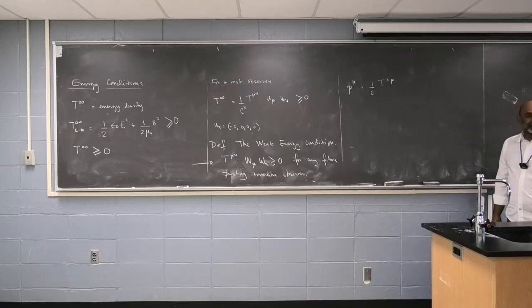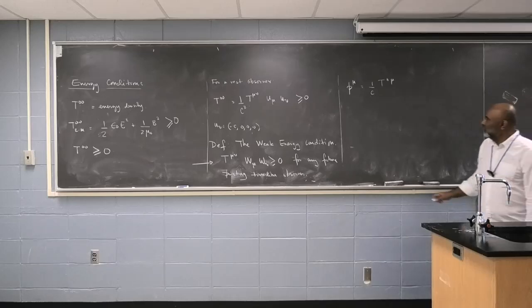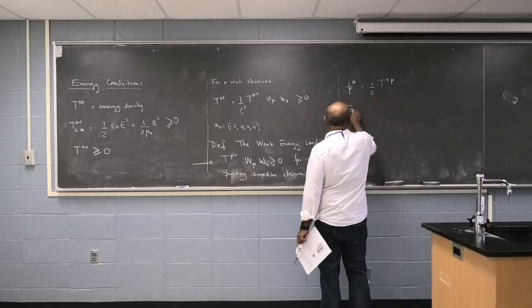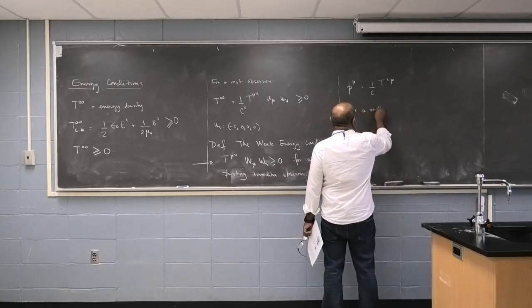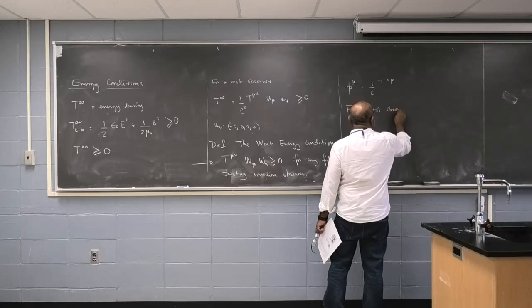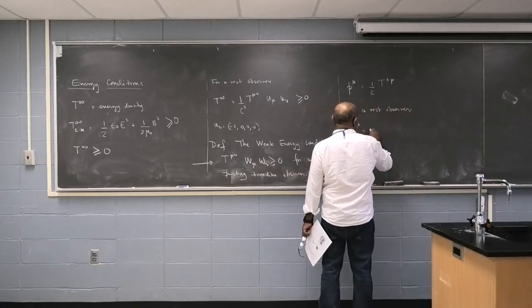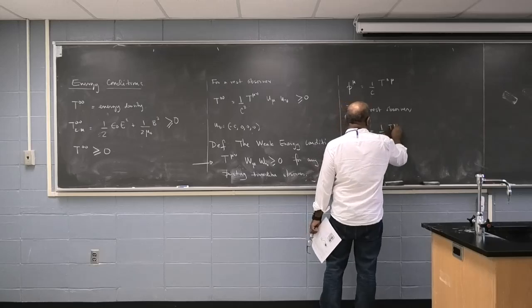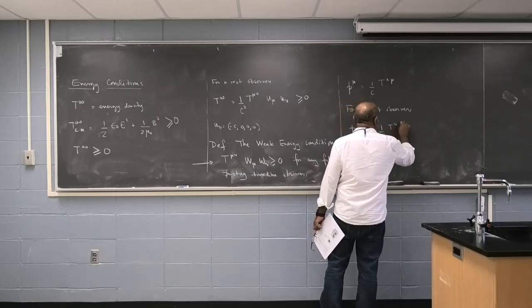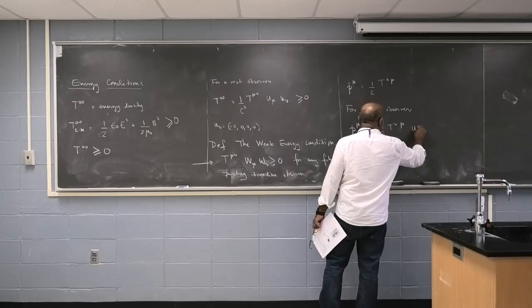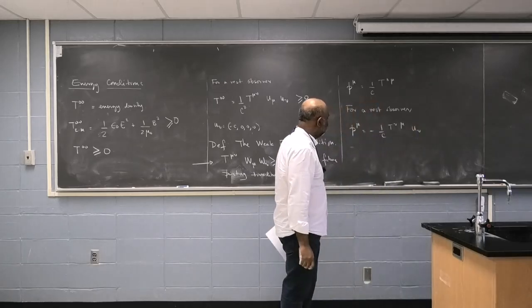Can I write this in an invariant way for a rest observer? Do I need a c squared?